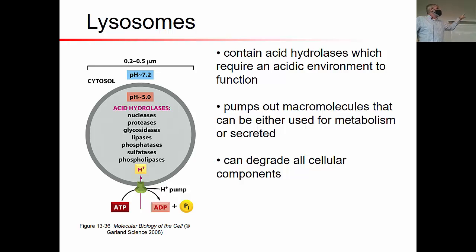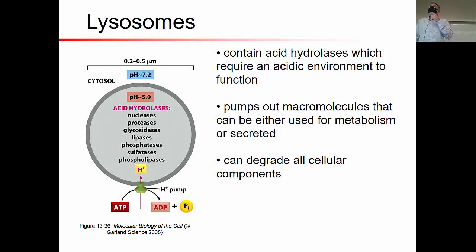The acidity is maintained with our V-type ATPase, and why do you think it's important that the compartment is acidic and that all of these hydrolases are what we call acid hydrolases? What do you think? Yeah.